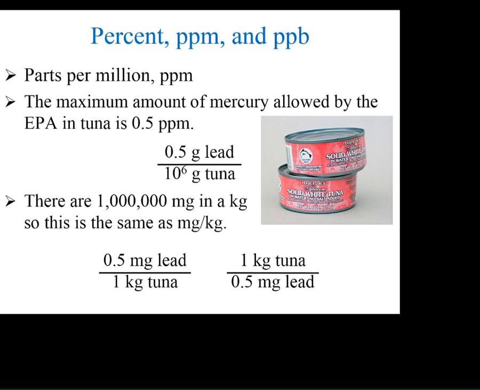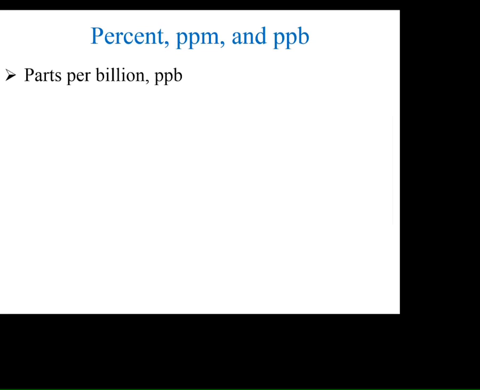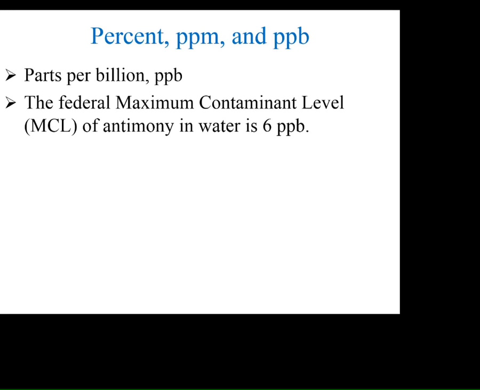Parts per billion. So parts per billion, same kind of deal, but now it's not out of 100. Now it's not out of a million. Now it's out of a billion. Yeah, we're going to do it out of a billion now, okay? So, for example, the maximum allowed contaminant level of antimony in water, which is a nice poisonous heavy metal, is 6 ppb.